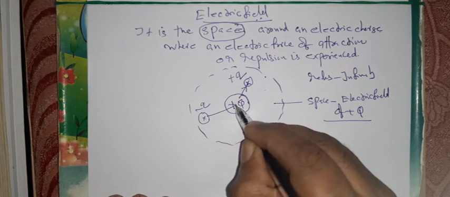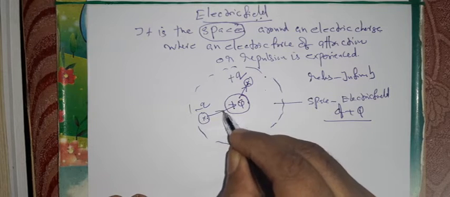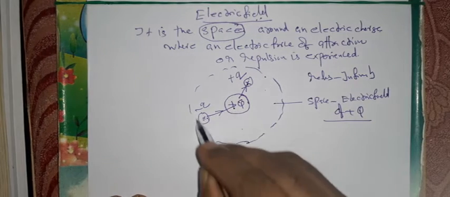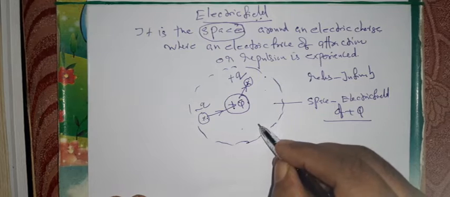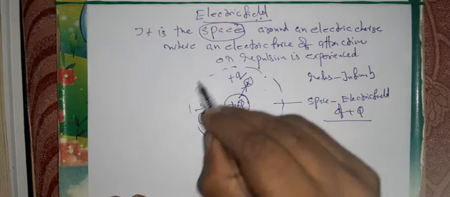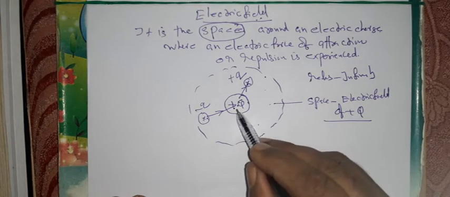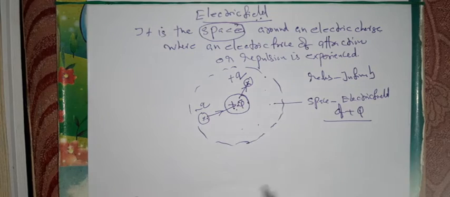What will happen? This charge will exert an attractive force on minus Q. Therefore, if any charge comes into this space, the center charge will exert a force on that charge. Therefore, this space is called the electric field of plus Q.